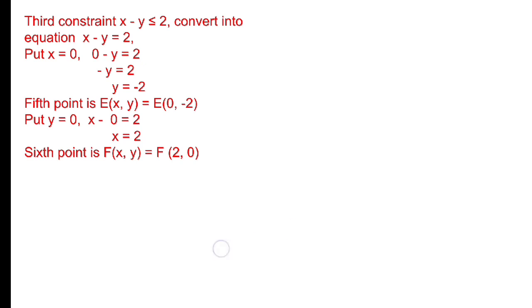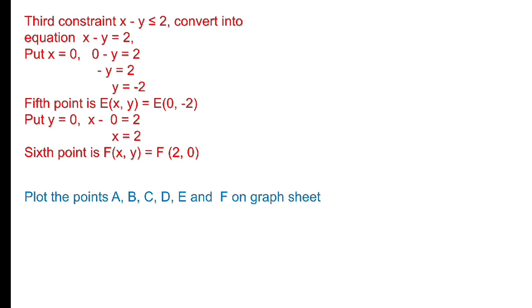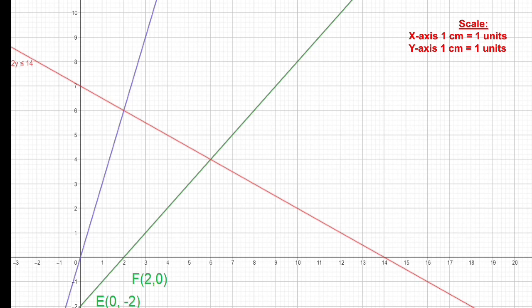Then plot the points A, B, C, D, E and F on graph sheet. The scale is x-axis 1 centimeter equal to 1 unit and y-axis 1 centimeter equal to 1 unit.